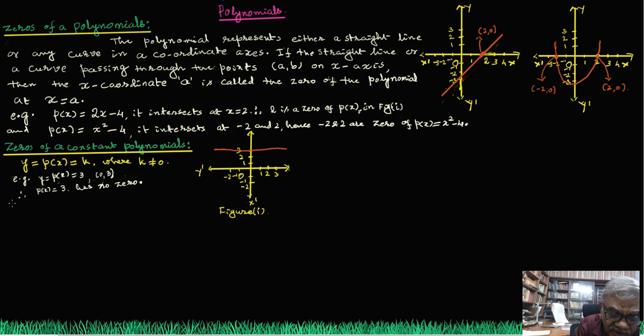And now my question is, what happens if p(x) is equal to 0? This is also a constant polynomial, and a constant polynomial means a polynomial with degree 0.